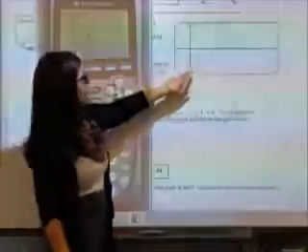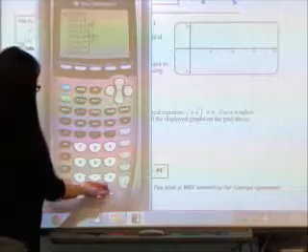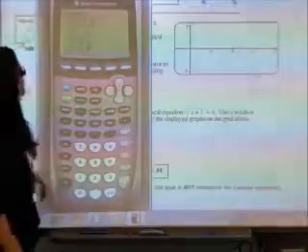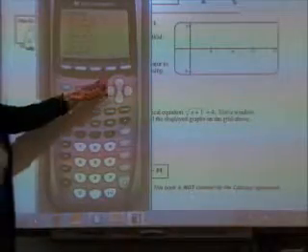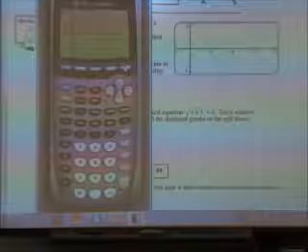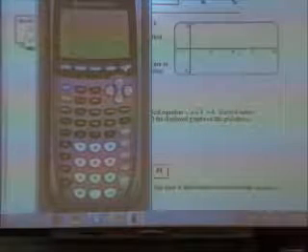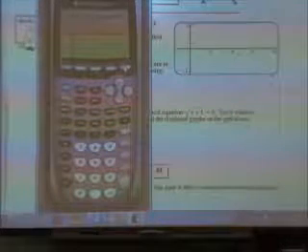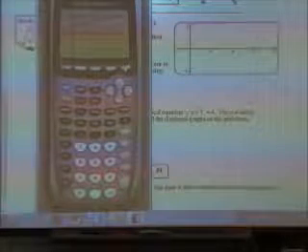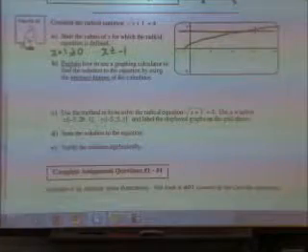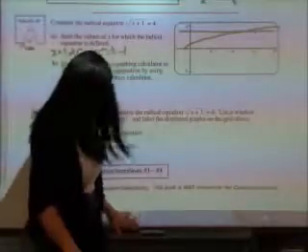And my y's went from -5 to 5. So what I want you to do is sketch that graph on the screen that's in your book. So now I've got this sketched onto my paper.